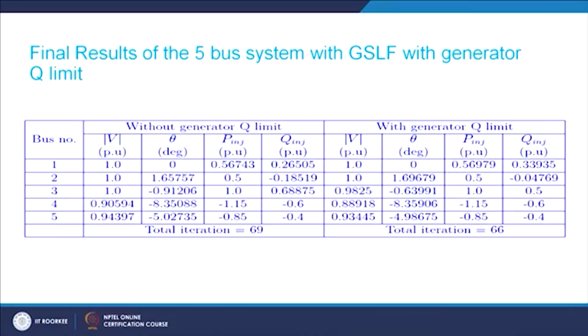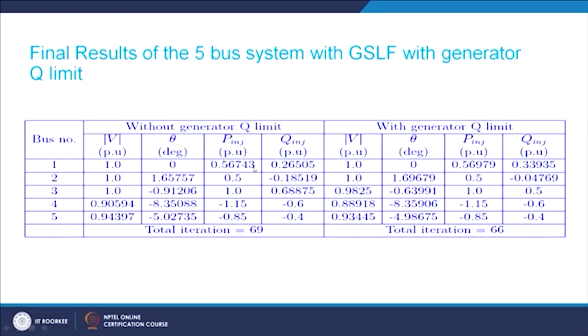Now, here is an interesting point. If we look at the injected real power, we can see that the total amount of injected real power is more than the total amount of load. It has to be, because the total amount of generation should be load plus loss.